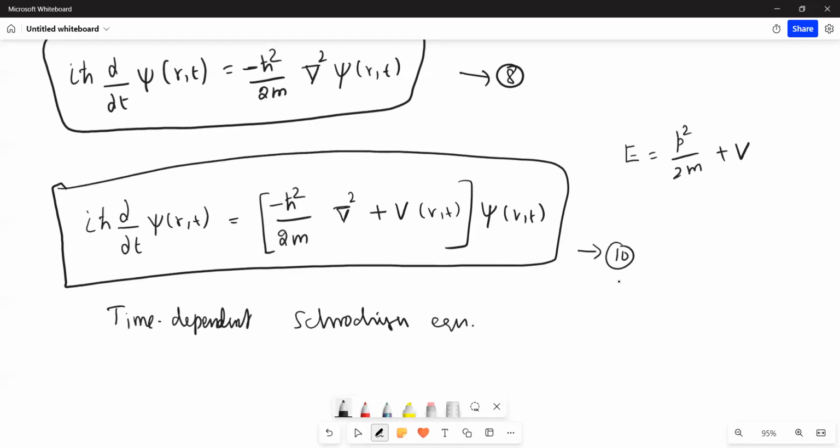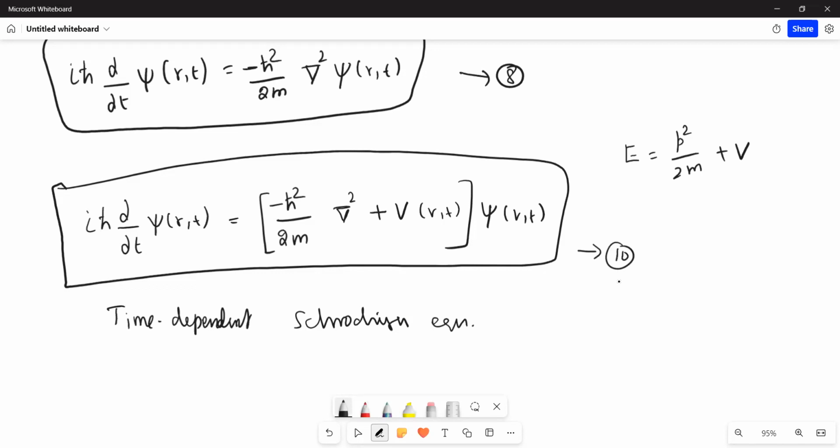The quantity in the square bracket of this equation is the operator of the Hamiltonian of the system. So this is equivalent to the Hamiltonian.